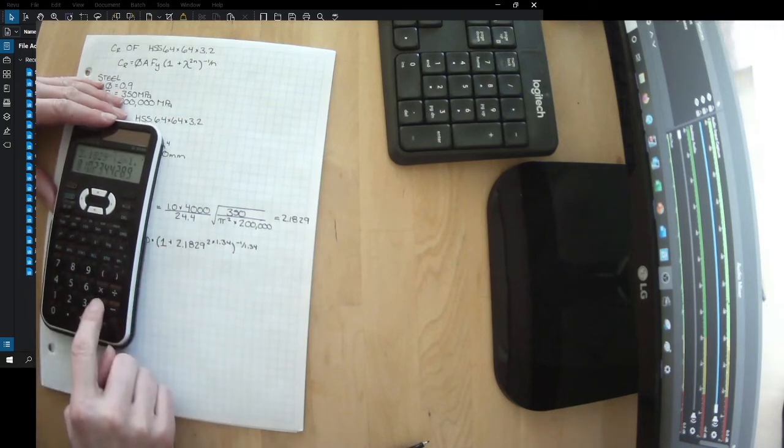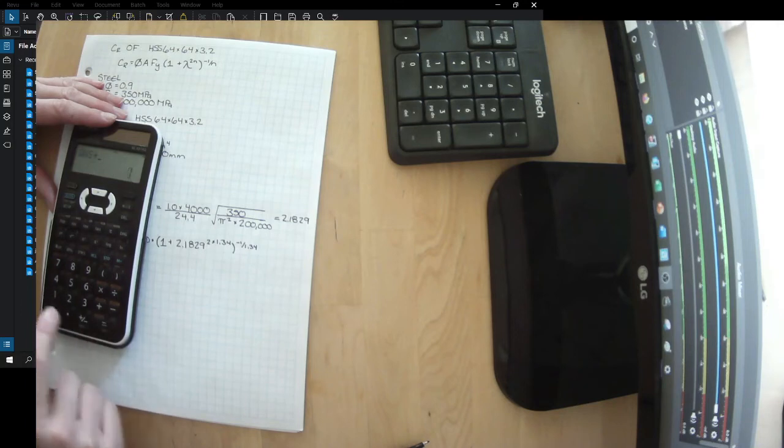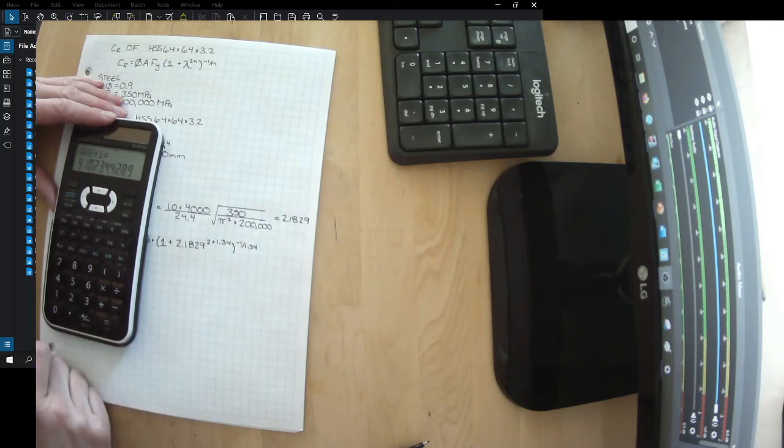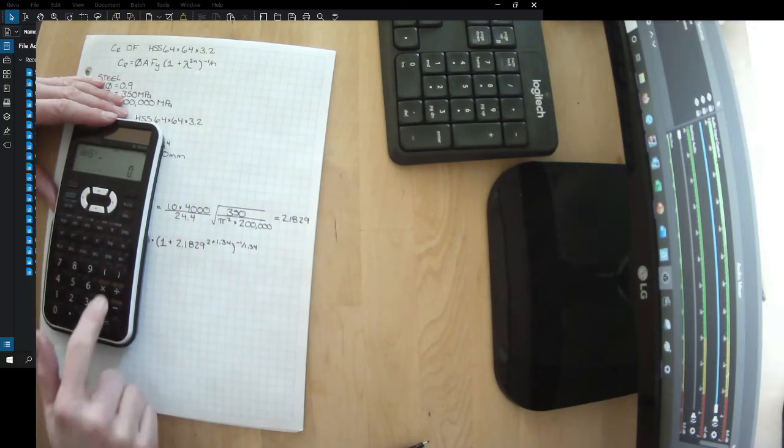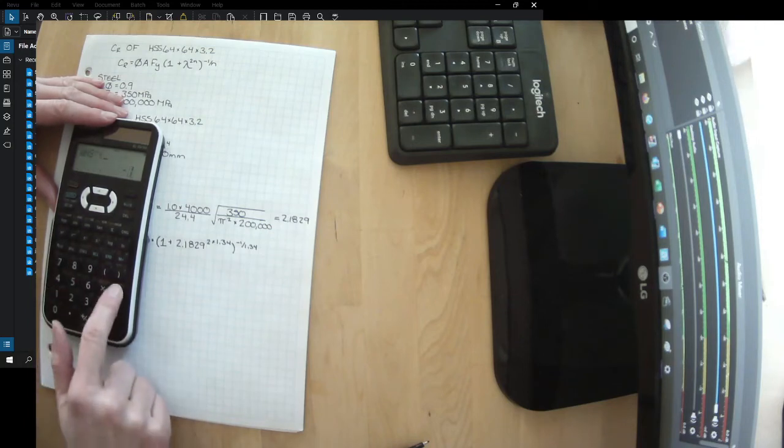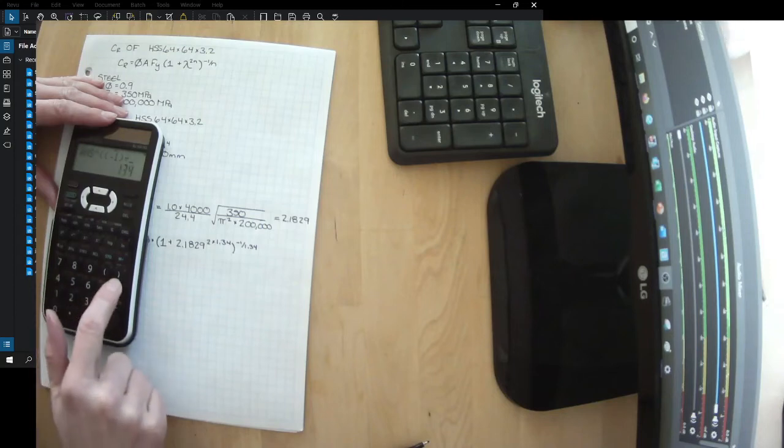And then I'm going to add 1. And then I am going to put that to the power of negative 1 divided by 1.34.